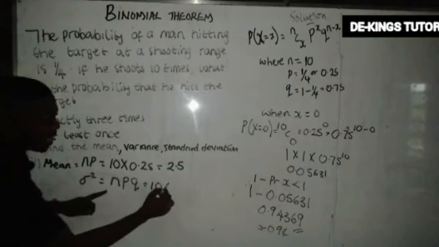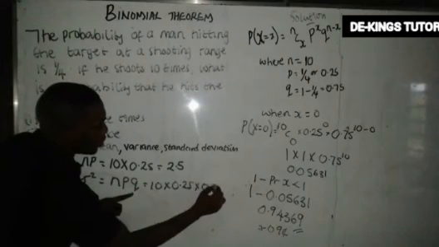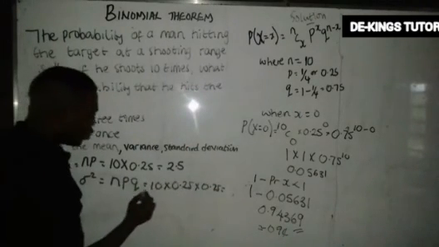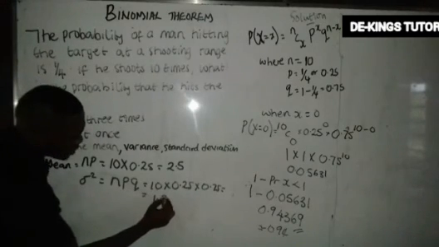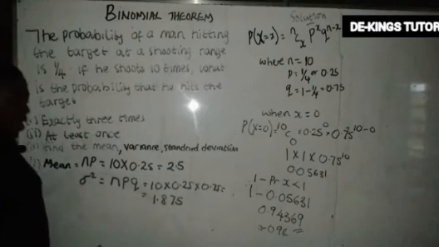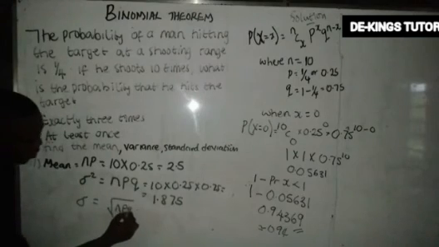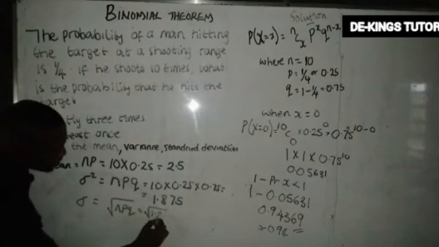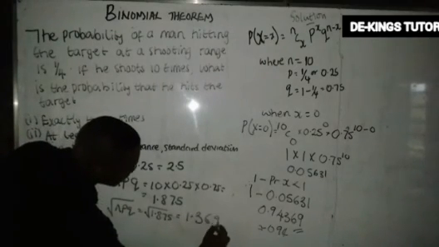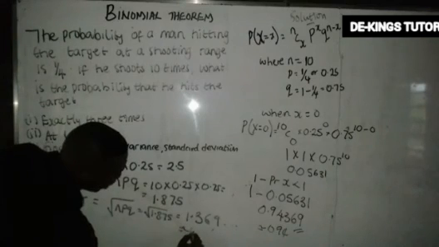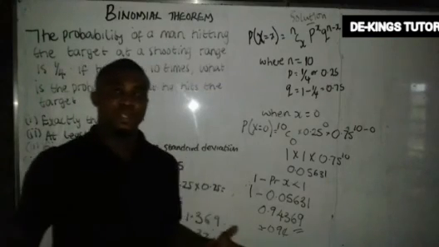It means 10 times 0.25 times our q, which is 0.75. So 10 times 0.25 times 0.75 will give us 1.875. So our standard deviation, which is the square root of the variance, will now give us the square root of 1.875, which is 1.369, approximately 1.37. So that is how to solve binomial distribution questions.